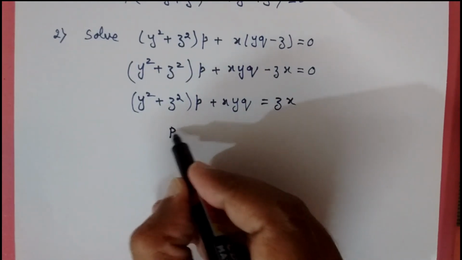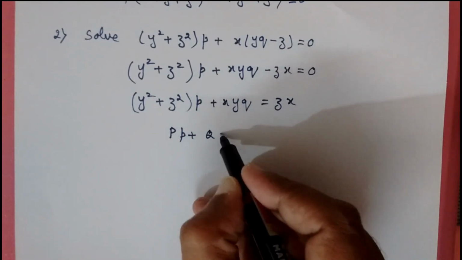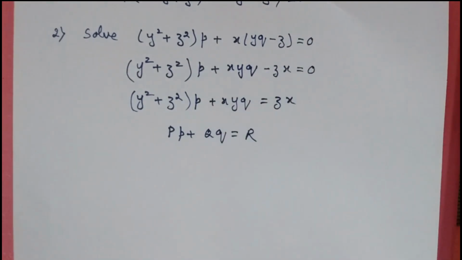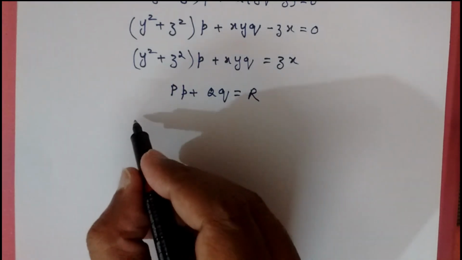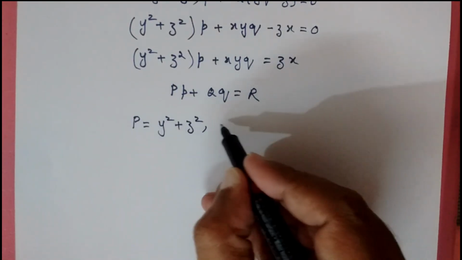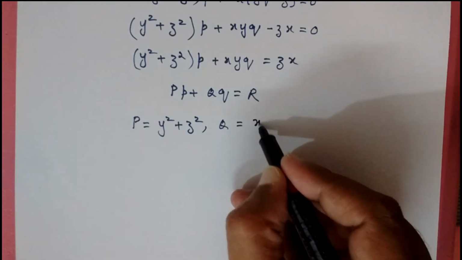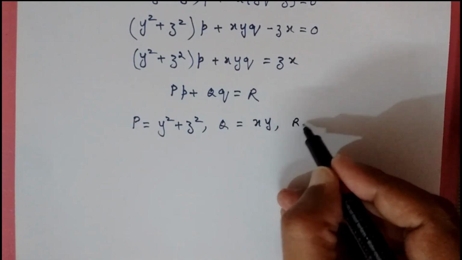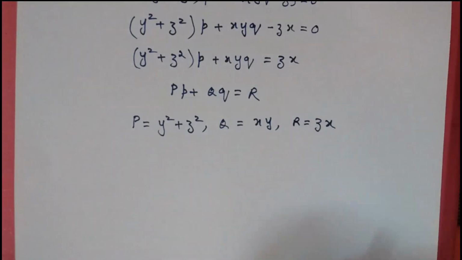Now this is in the form of Pp plus Qq is equals to R, where the value of P is nothing but y square plus z square. Your value of Q is nothing but xy and your value of R is nothing but zx.